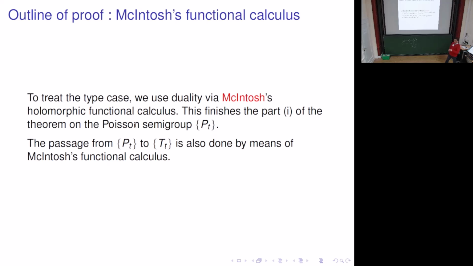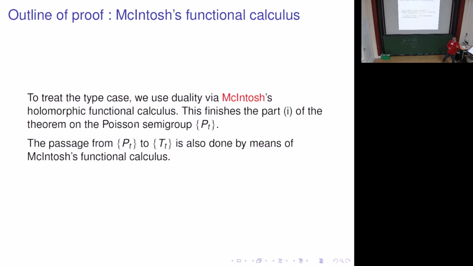The remaining case in part one is the type case. In some sense we have to use duality, as for martingale type and cotype, which are in duality.